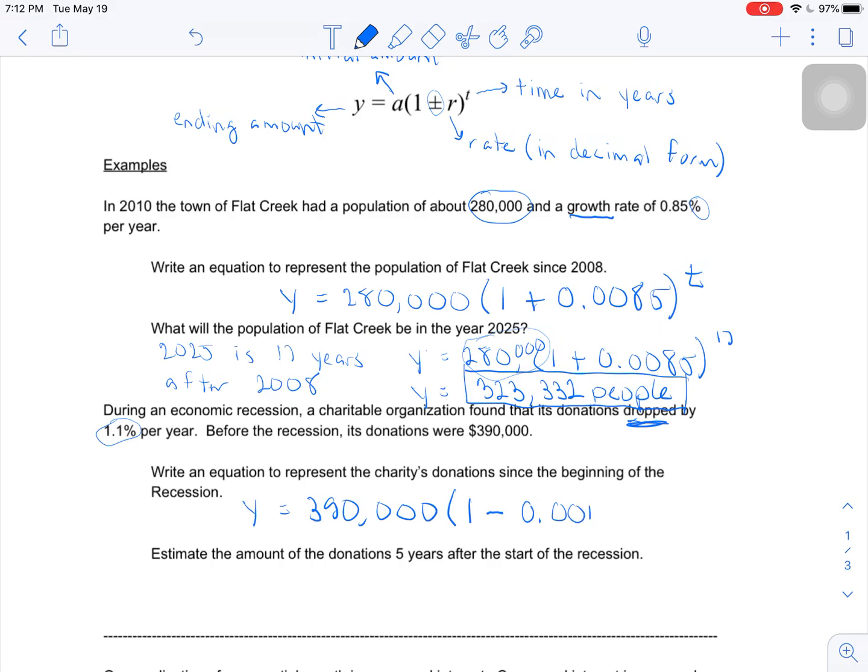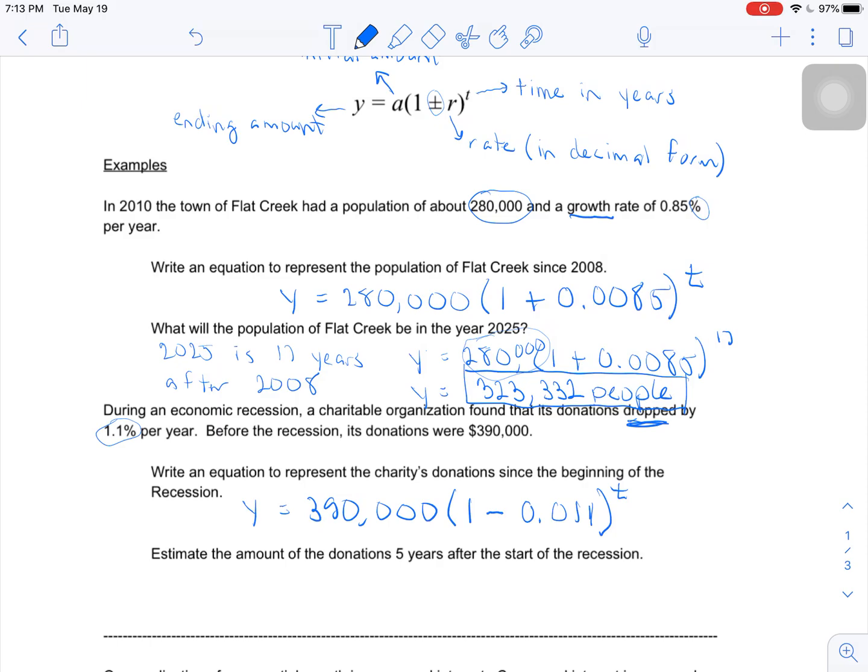Sorry about that, I got an extra 0 in there by accident. So 1.1 divided by 100 to turn into a decimal is 0.011. And then the exponent is however long we go for.